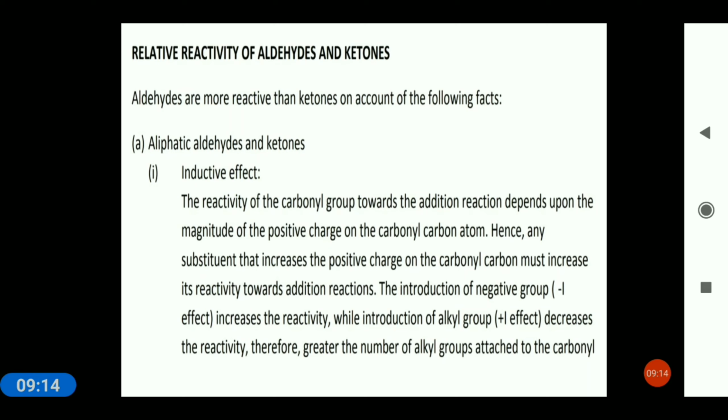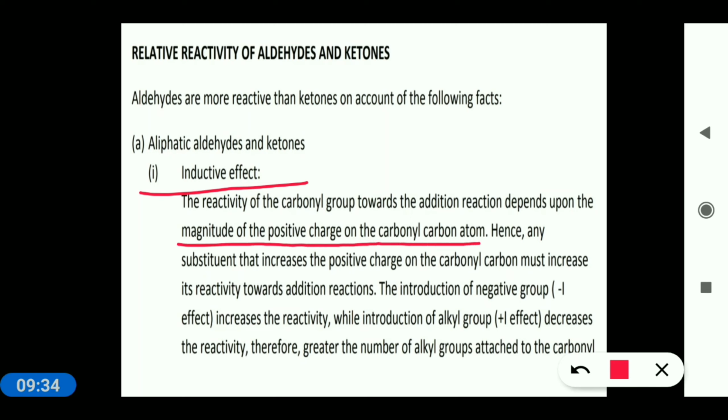When we talk about aliphatic aldehydes and ketones, the first effect is the inductive effect, which is responsible for their reactivities. Reactivity of the carbonyl group toward the addition reaction depends on the magnitude of positive charge on the carbonyl carbon atom.